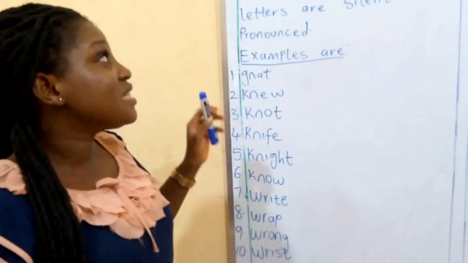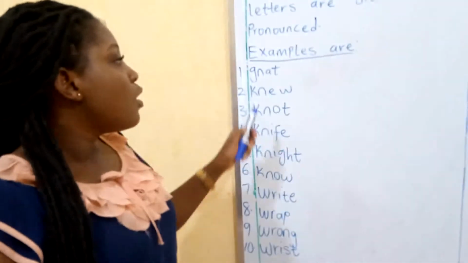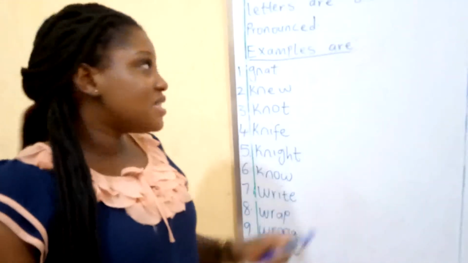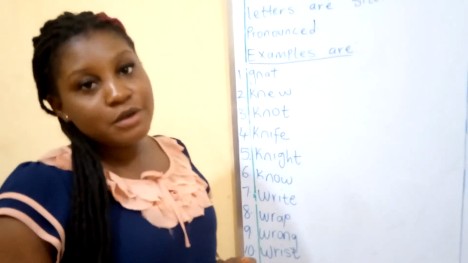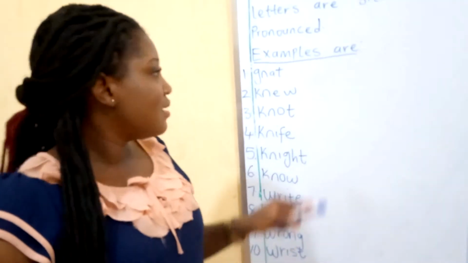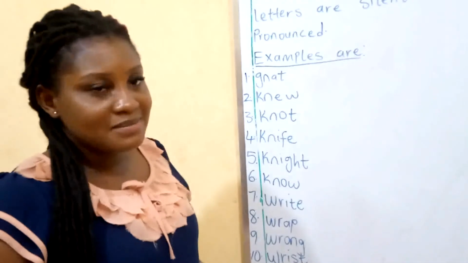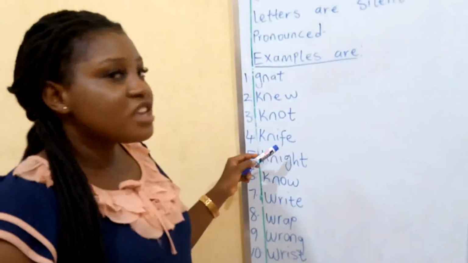Remember your silent letters, how to begin them. It means when you are pronouncing such words, you will not read it as gnat. Remember, G is silent. We don't have anything as gnat, but what we have is nat. So when you are reading, take note of all this.